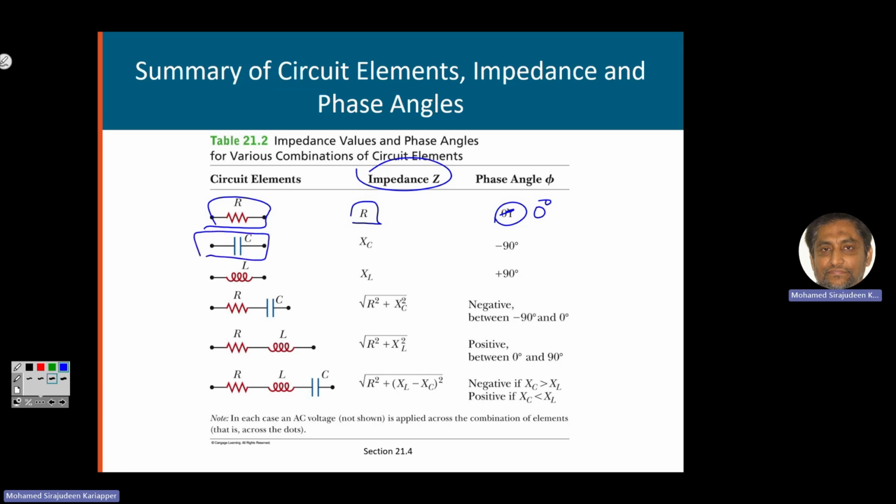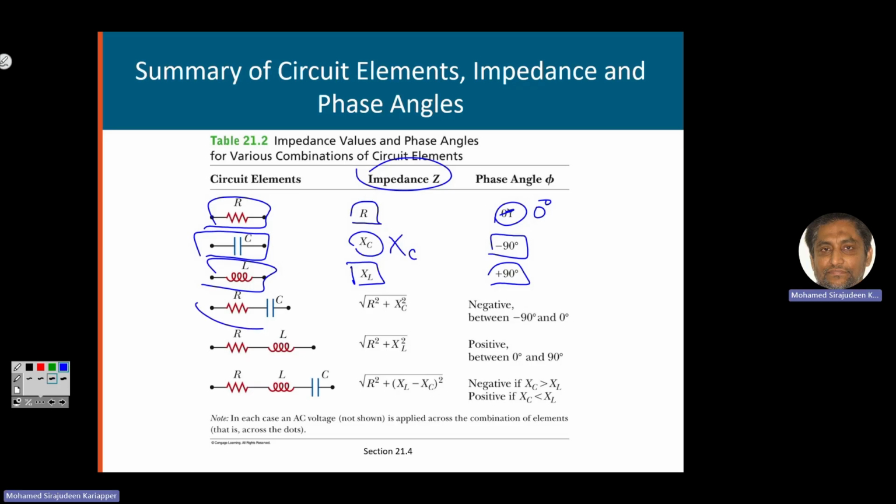When we have only a capacitor, the impedance will be just the capacitive reactance, and the voltage is behind the current by 90 degrees. When we have only an inductor in the circuit, the impedance will be just the inductive reactance, and the voltage will be ahead of the current by 90 degrees.